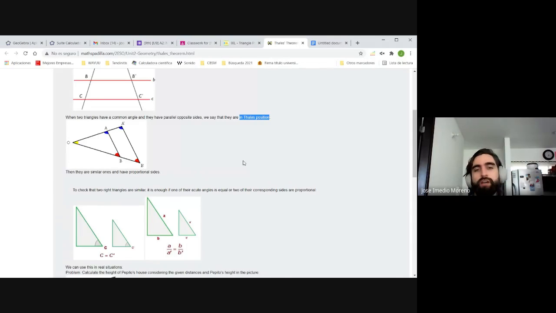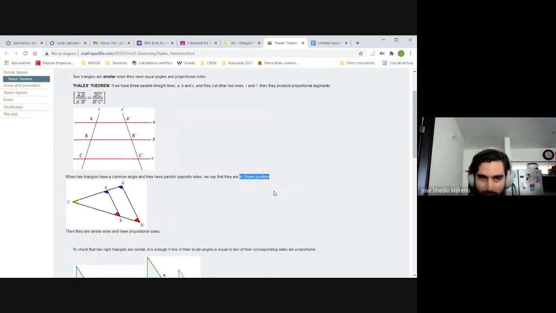From this we can go to Thales' theorem, which is made for a more general case. This is what the theorem states: segment AB divided by segment A prime B prime equals segment BC divided by segment B prime C prime. What does this mean?